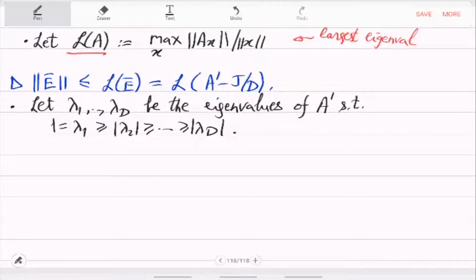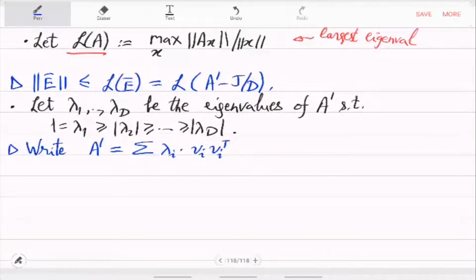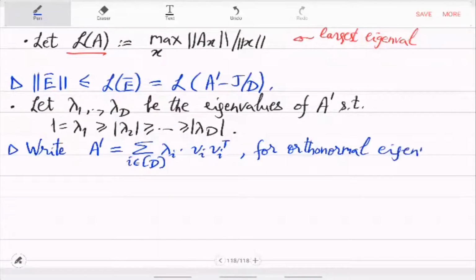Since these are eigenvalues, you can write A prime in terms of them and eigenvectors. So write A prime as the sum of lambda I vi vi transpose, I from 1 to D, where the vi are orthonormal eigenvectors of A prime.